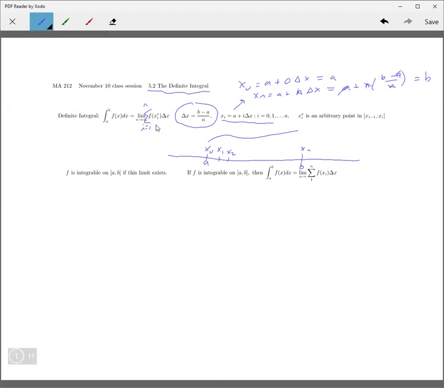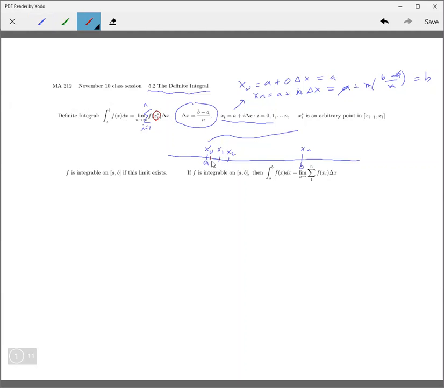And basically, you choose an arbitrary point in this interval. It could be one of the endpoints, or it could be an interior point between x0 and x1. That will be x1 star. So these xi stars are just arbitrary points chosen in here.